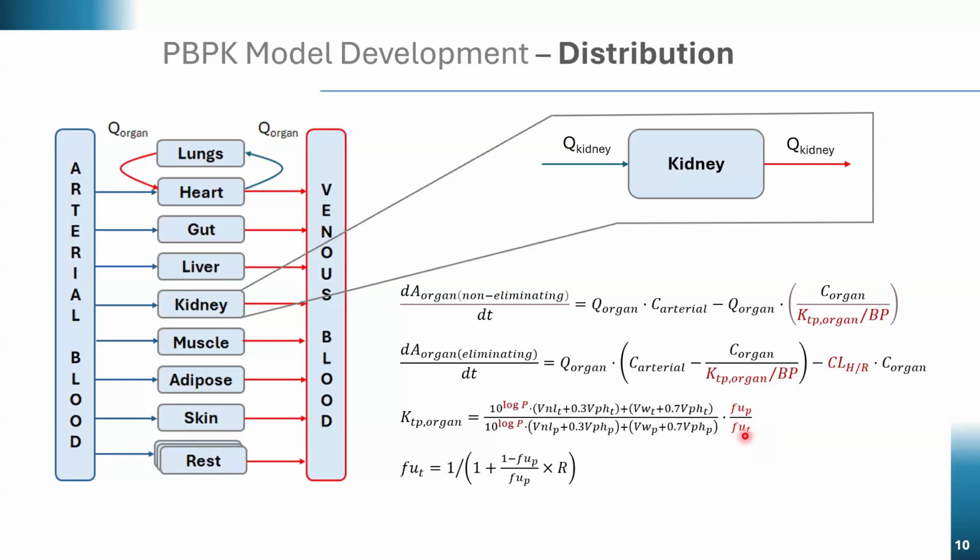So sometimes, again, if we don't have the value for fraction unbound in tissues, then we can also use this equation to predict it. So again, in PBPK modeling, wherever you don't have that value reported for you in the literature, you can devise equations to get around it. So that's the whole beauty about PBPK modeling.